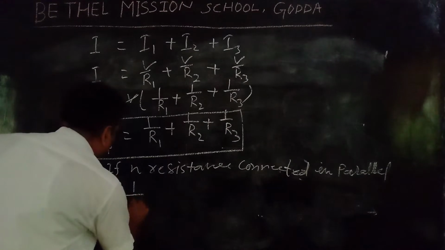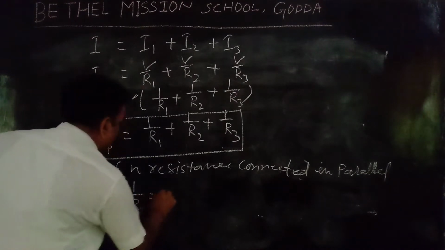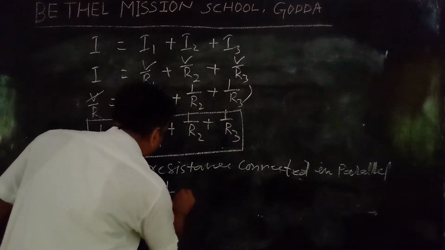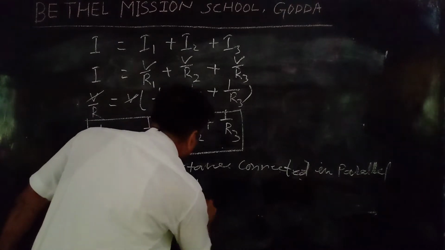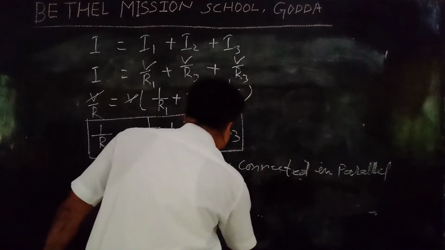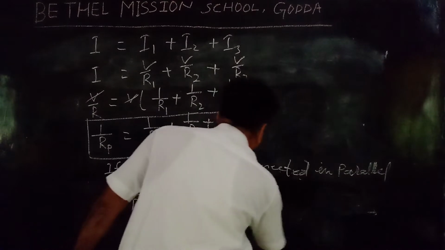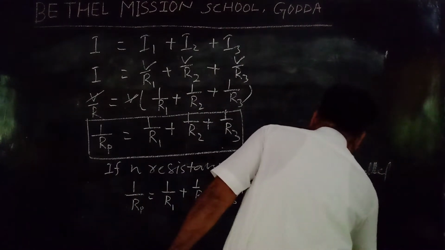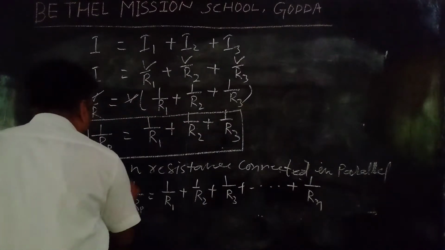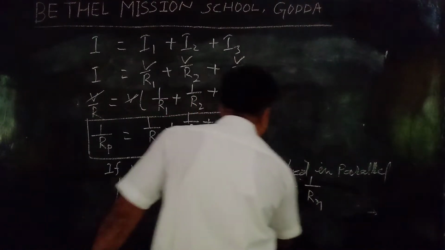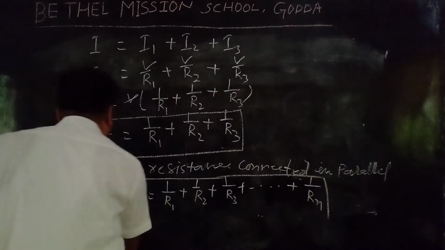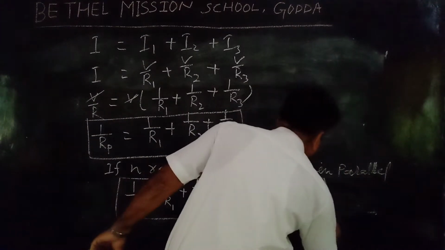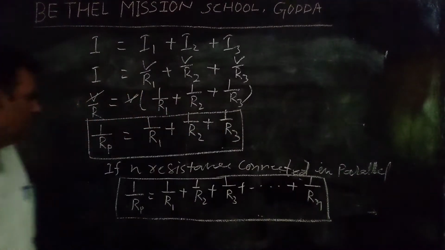It will be 1 upon Rp equal to 1 upon R1 plus 1 upon R2 plus 1 upon R3 plus ... plus 1 upon Rn. So this is the equivalent resistance for n resistances when connected in parallel.